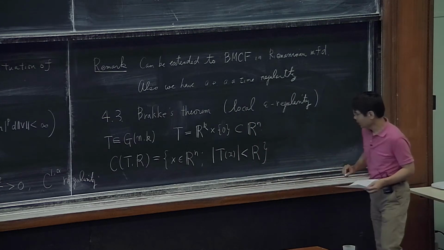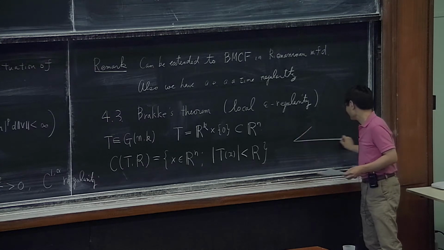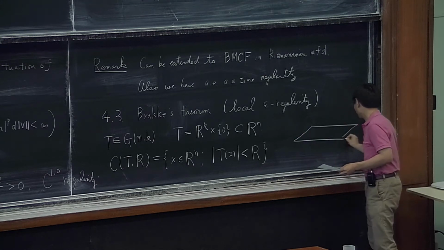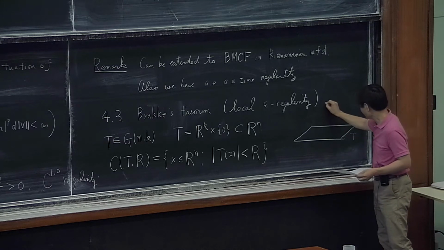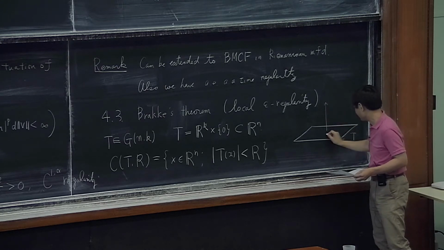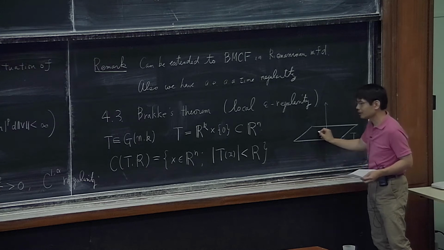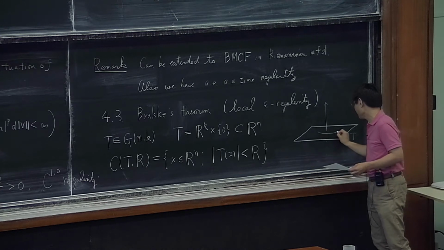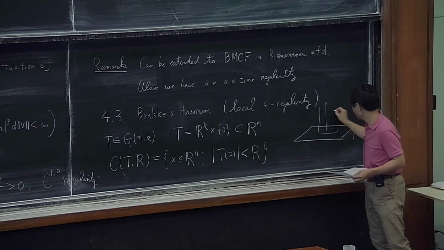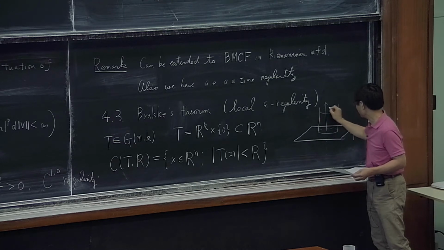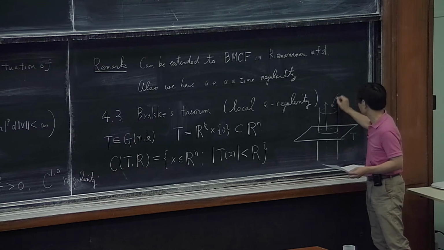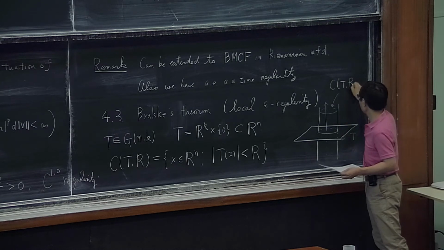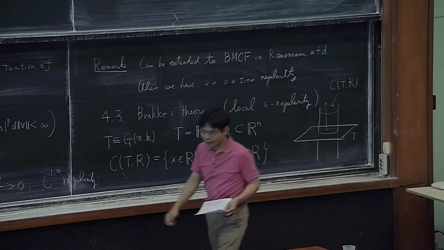In the case of n equal to 3, this is T, and this C_T^r is the cylinder perpendicular to T, something like that.